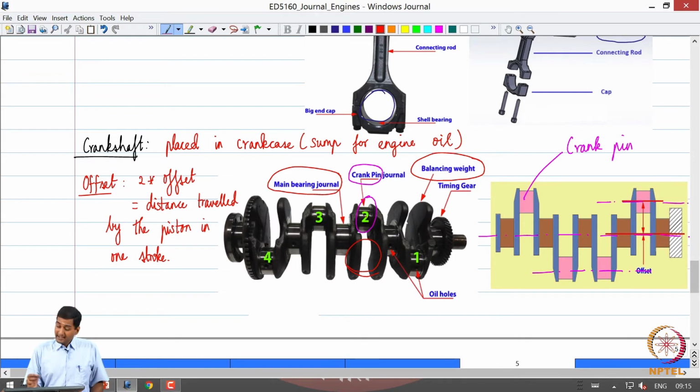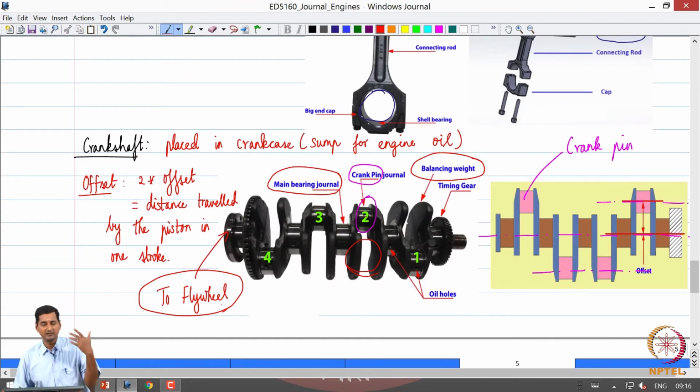As a result, we have what is called an oil slinger. What happens, imagine the crankshaft rotating at thousands of RPM? It is going to churn the oil, and the oil may just splash around. When we come out of the crankcase, this end of the crankshaft is going to be attached to what is called a flywheel, which will then be connected to the clutch. We will look at the flywheel more carefully when we come to the clutch.